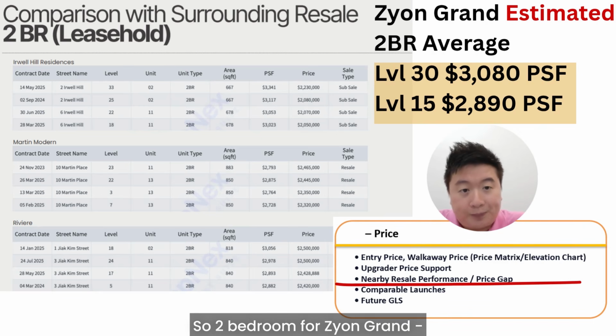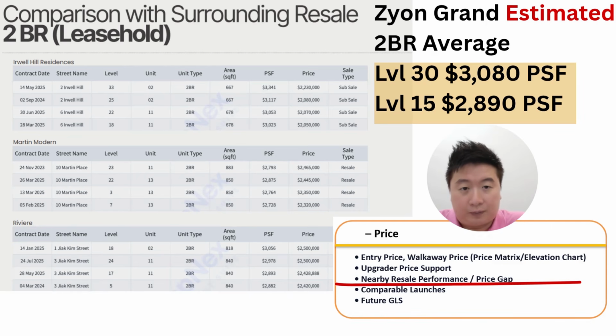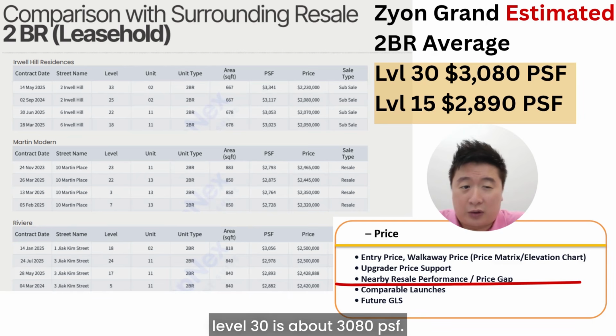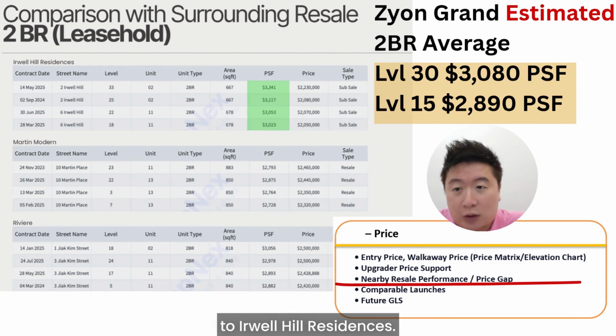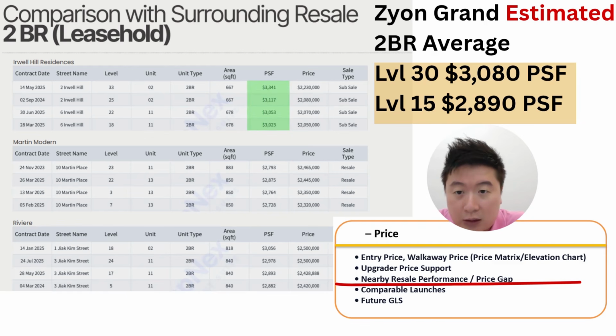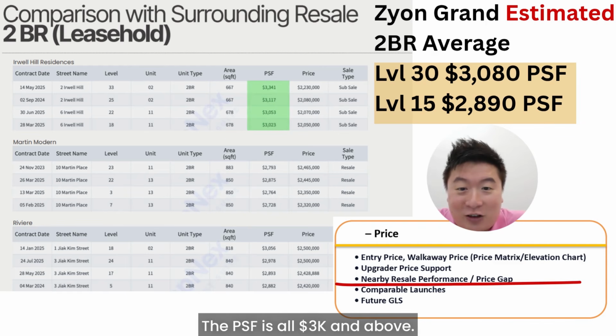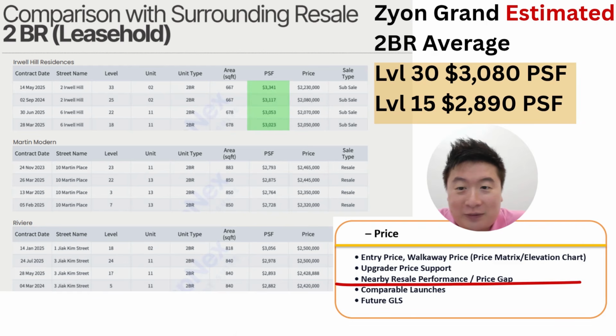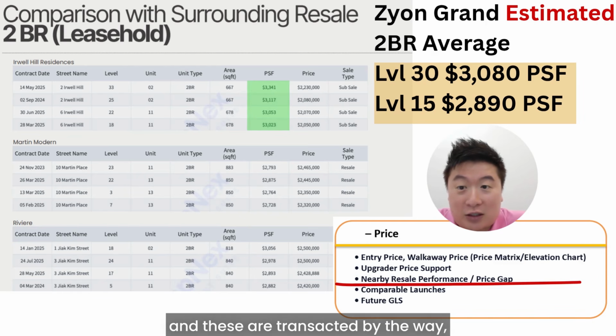So 2 bedroom for Zion Grand, as an average between the different stacks: level 30 is about 3080 PSF, level 15 is about 2890 PSF. You compare that to Irwell Hill Residences, the PSF is all 3K and above. You have your level 33 at 3.3K, and these are transacted, by the way.